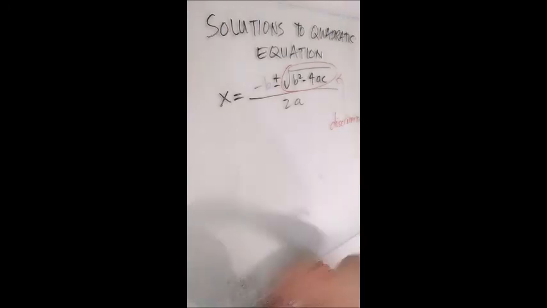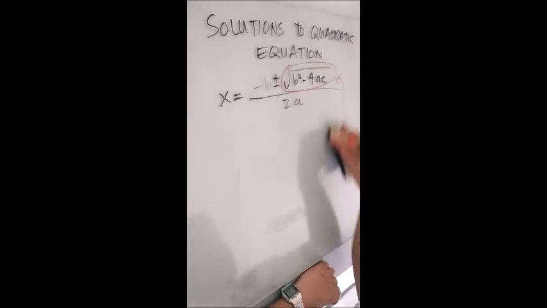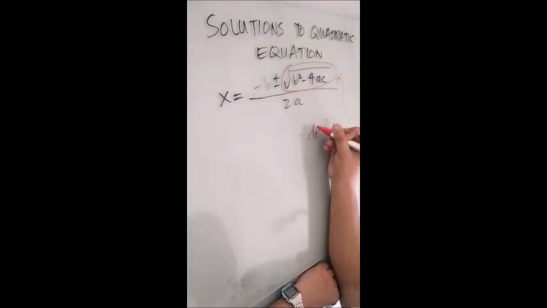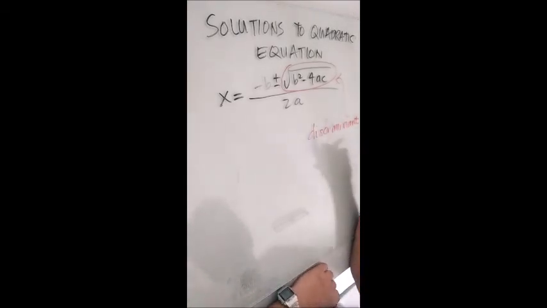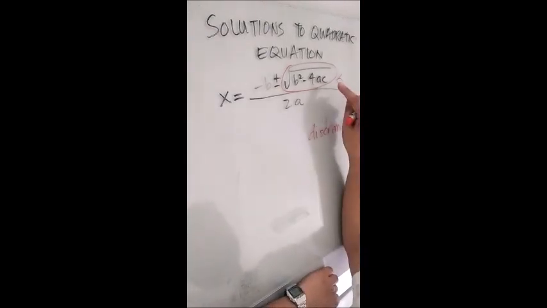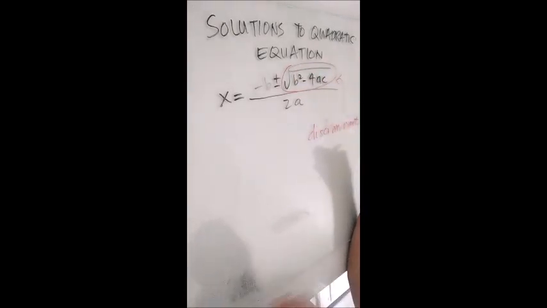By just looking at the discriminant, the radicand, we can identify how many solutions a quadratic equation has.